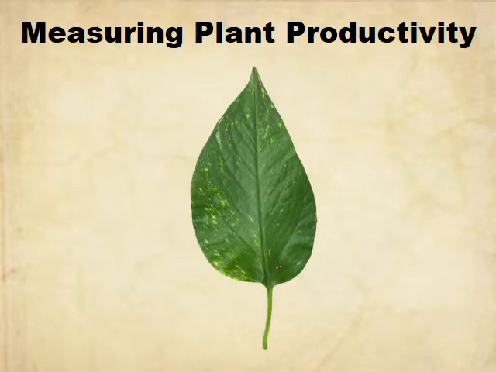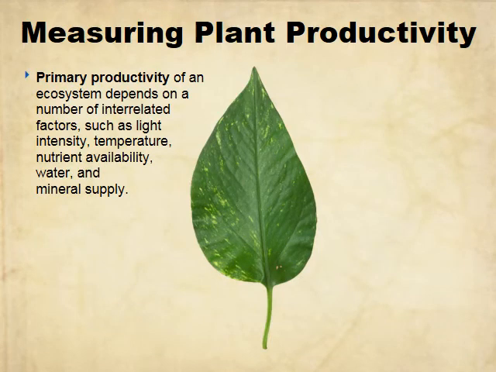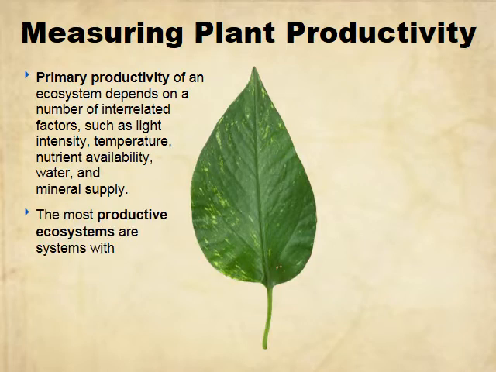So we can measure plant productivity a bunch of different ways. Light intensity, temperature, nutrient availability, water availability, and mineral and nutrient supply are all things that can make a plant grow faster or slower. So productivity is the amount of biomass, the amount of energy a plant can fix in it, for transfer to the next trophic level.